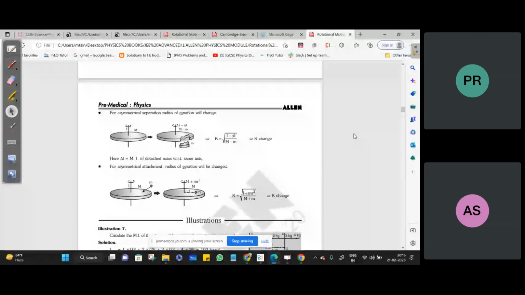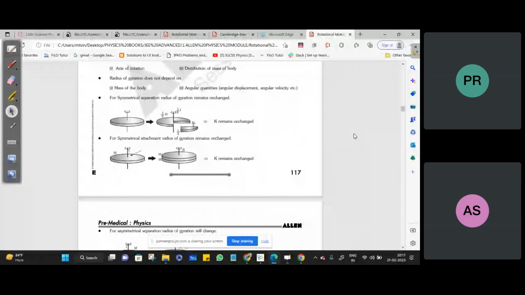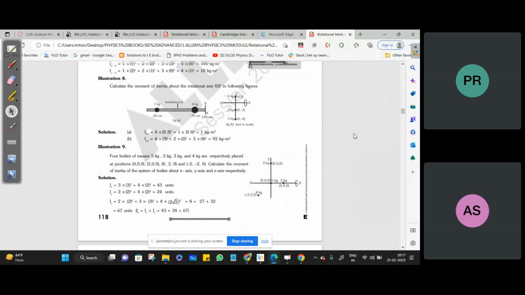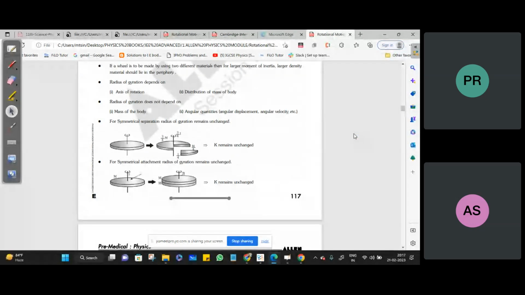Okay. Now, here you have to understand that moment of inertia depends on the mass and the distribution of mass about the axis.